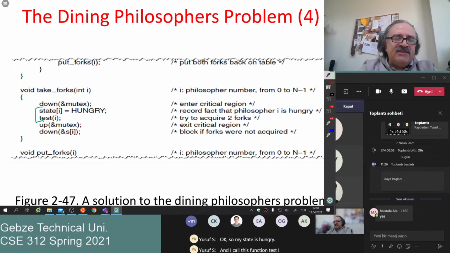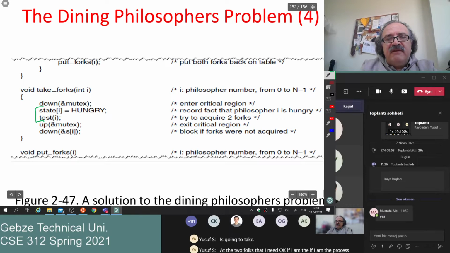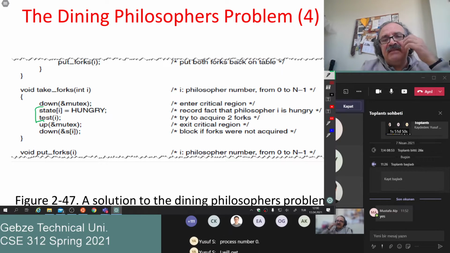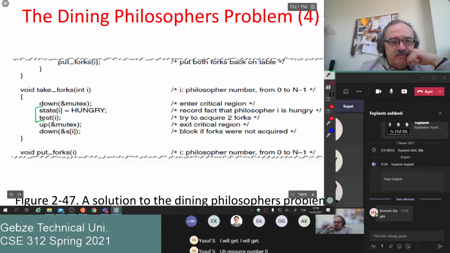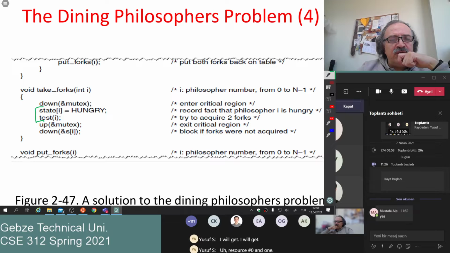This test I is going to take the 2 forks that I need. If I am process number 0, I will get resource number 0 and 1. Test is going to take those.